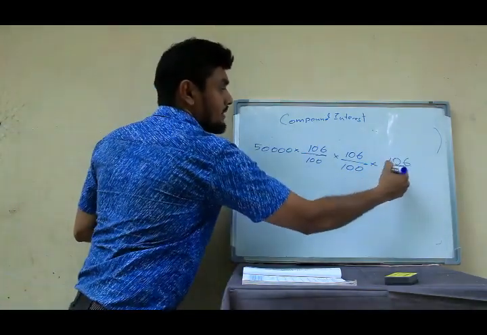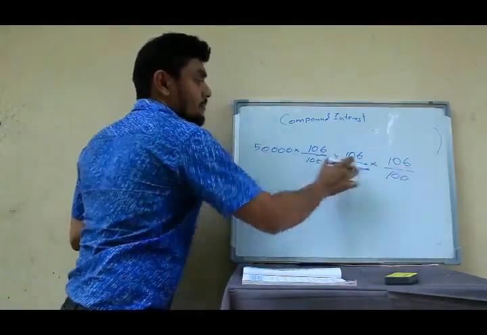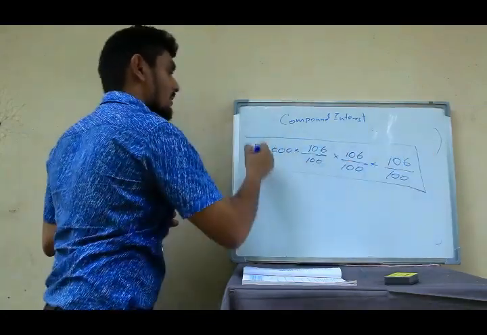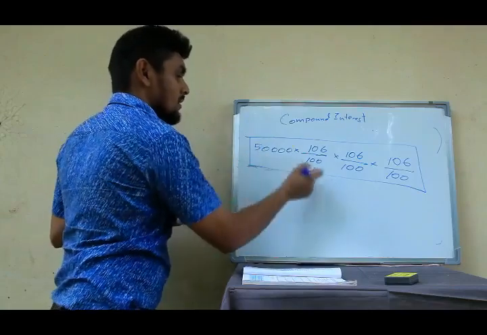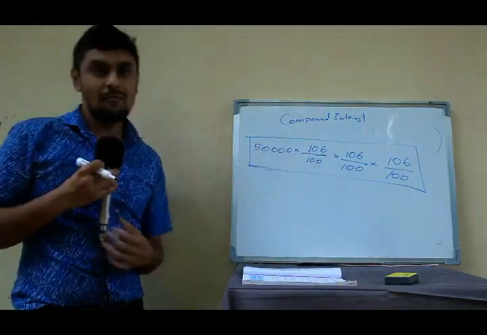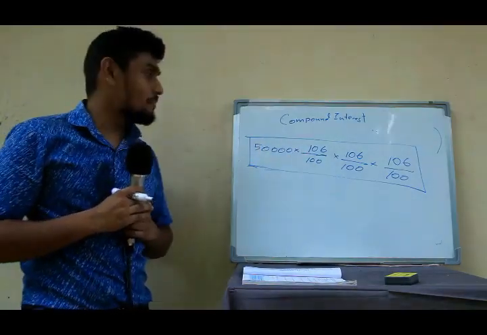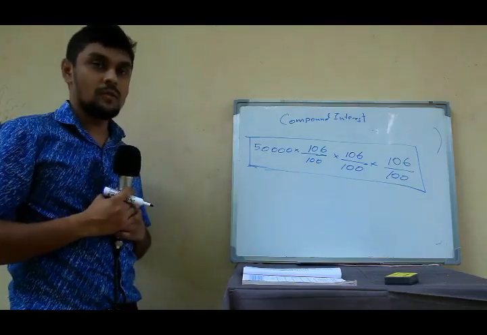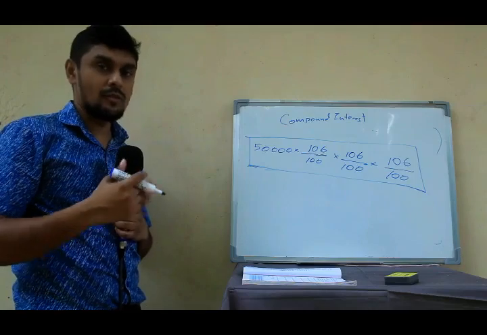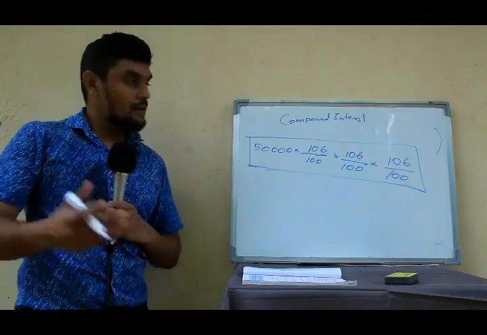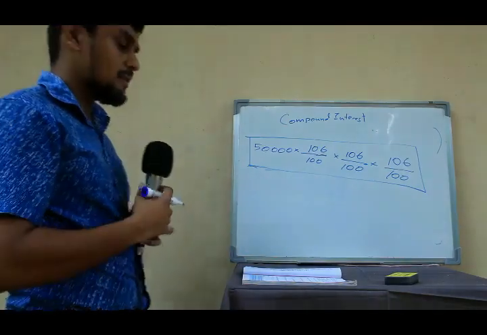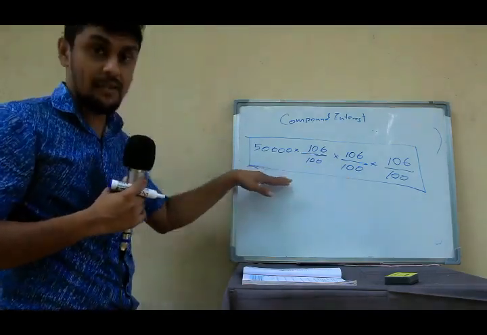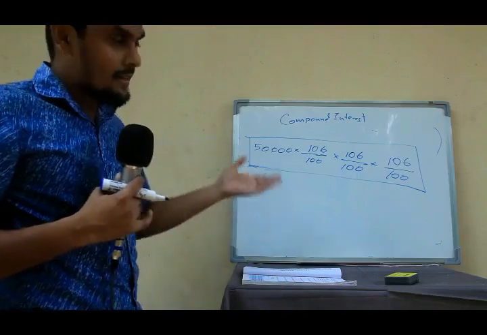Then you can write 3 years, one by one for each calculation, and find the answer in a simple way. You can use this method for the first paper, the short term questions paper. When you are answering essay questions, don't use this method. Write sentences and answer the questions.